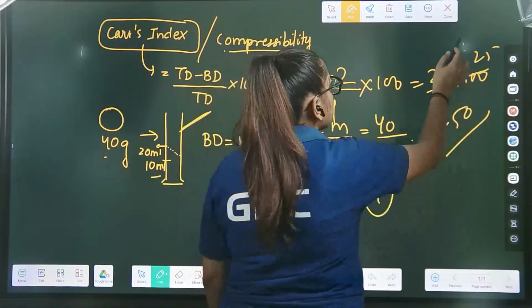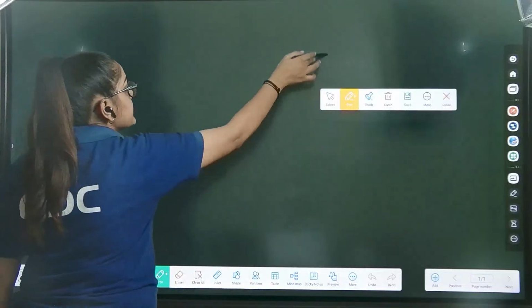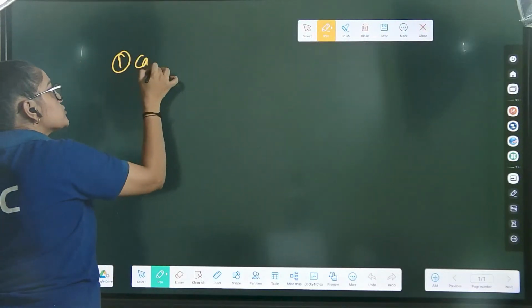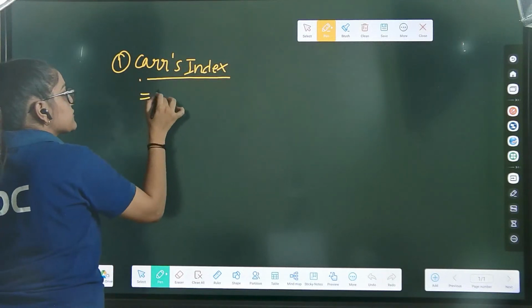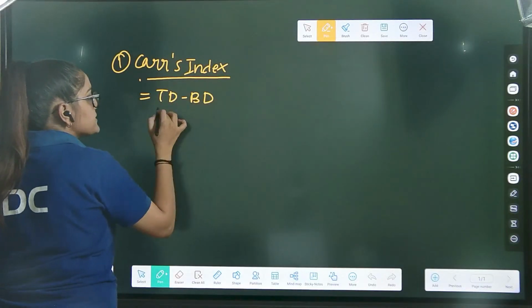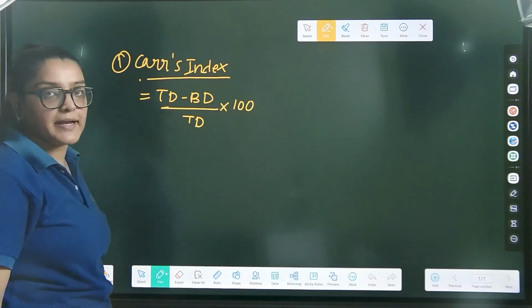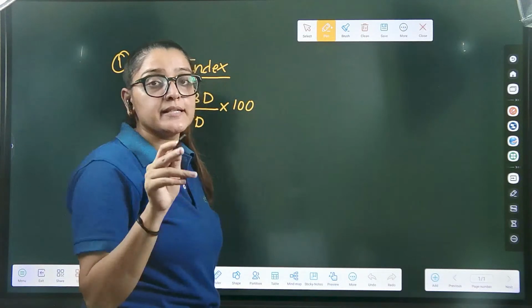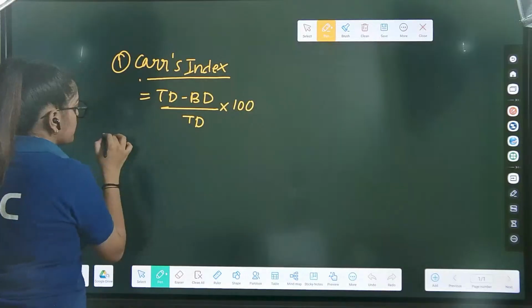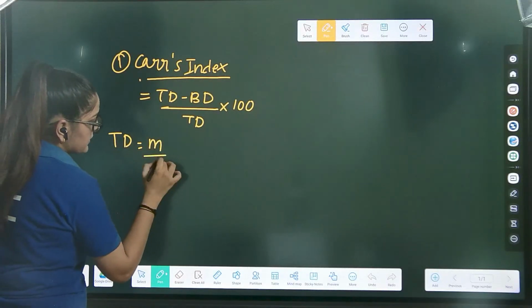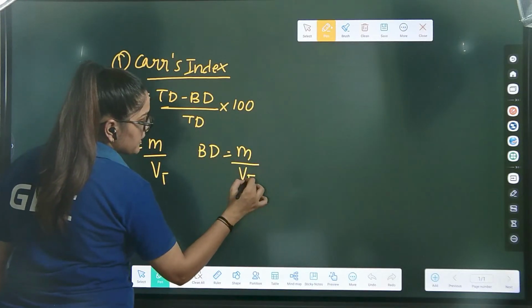But my concern is that we should understand what tap density and bulk density are. Carr's index, the compressibility index, gives the nature of the powder flow: tap density minus bulk density upon tap density into 100. This was asked in GPAT 2025, just the formula. For tap density you have mass upon tapped volume, and for bulk density you have mass upon bulk volume.